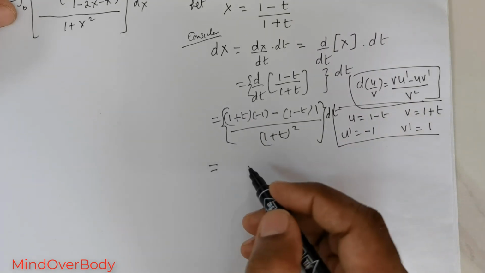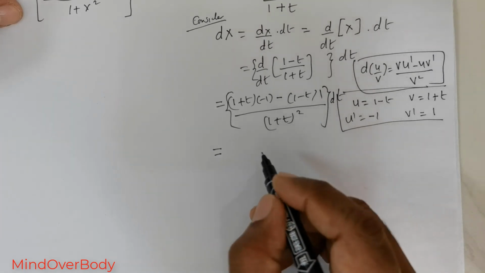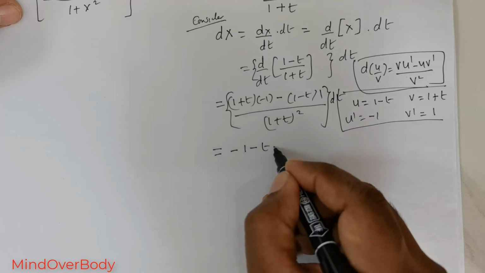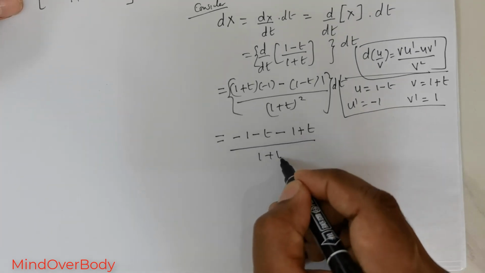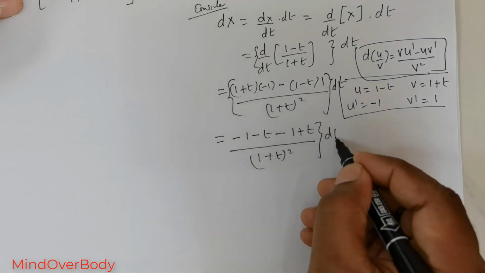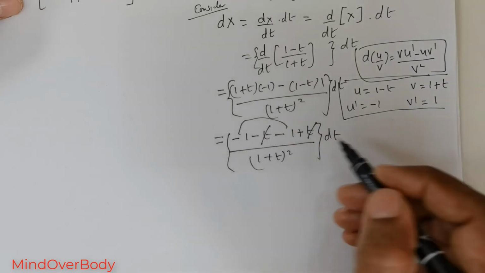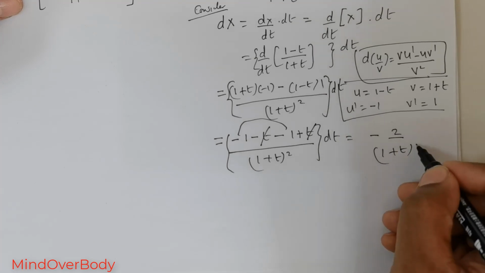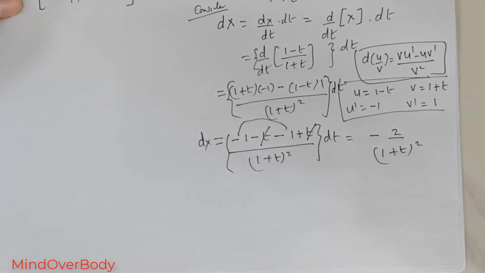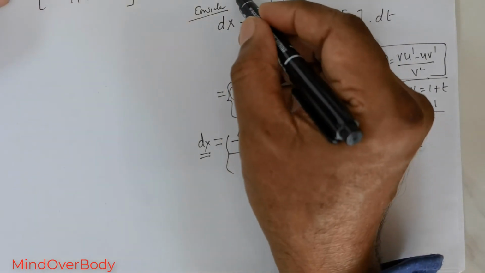So this can be rewritten: (−1 − t − 1 + t) divided by (1 + t)², and we got the dt there. −t and +t get cancelled. −1 added with −1 gives me −2 divided by (1 + t)². This is my dx.